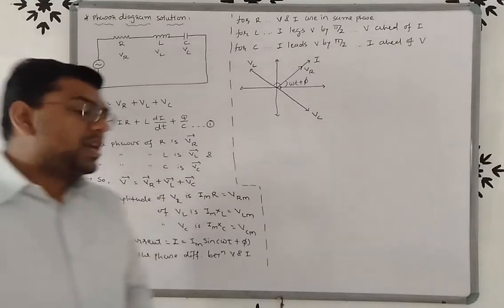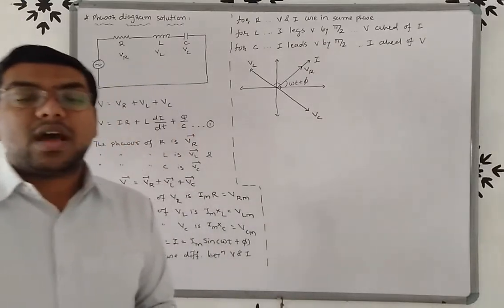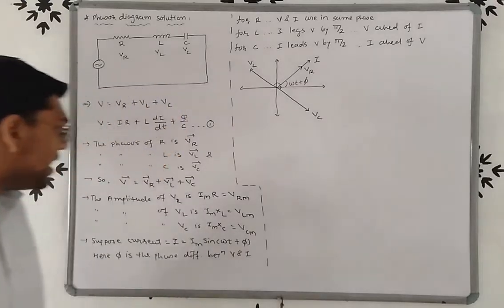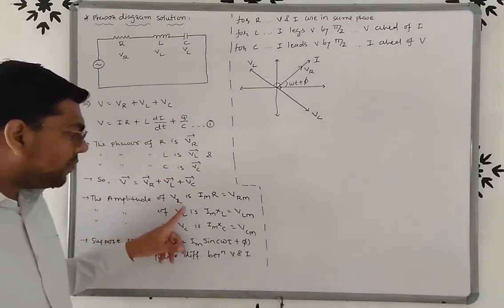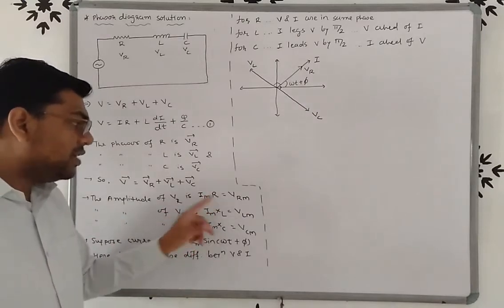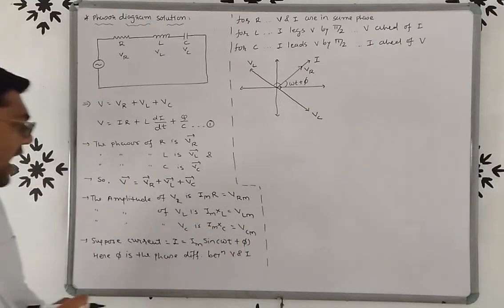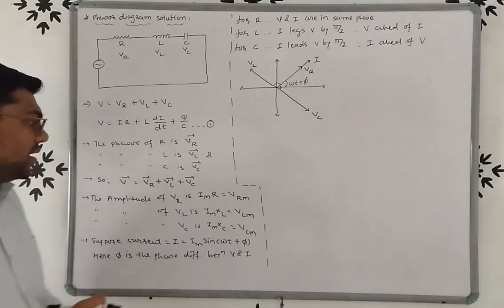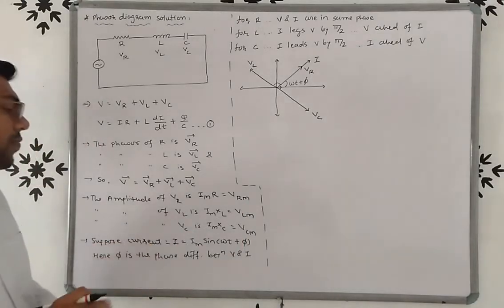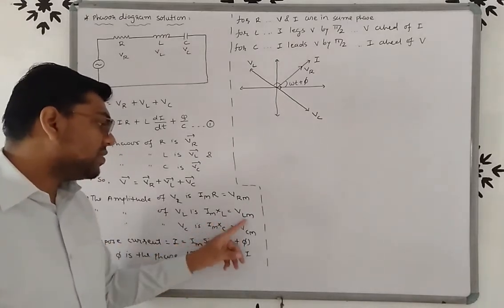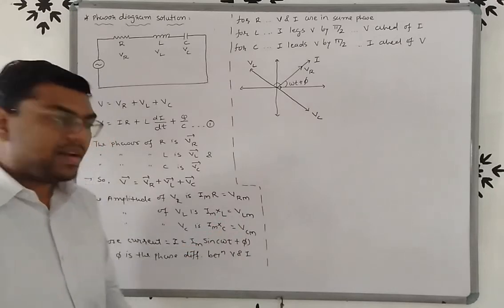Now here we already discussed about the amplitude. We know that V is equals to IR, right? So the amplitude of VR is Im into R, that is equals to VRM, and amplitude of R, right? Now amplitude of VL is Im into XL, that is equals to VLM, right?